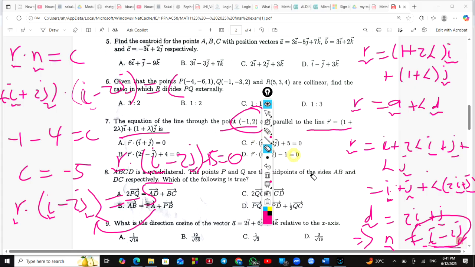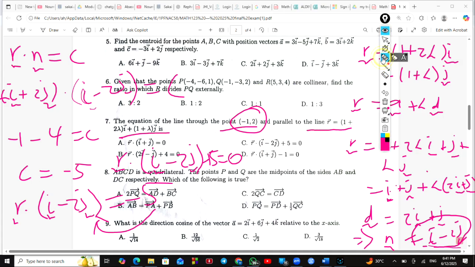So let's check and see which option best matches our answer. The only option that has plus 5 is this, and as we can see, it's the same thing: r dot I minus 2j plus 5 equal to 0.